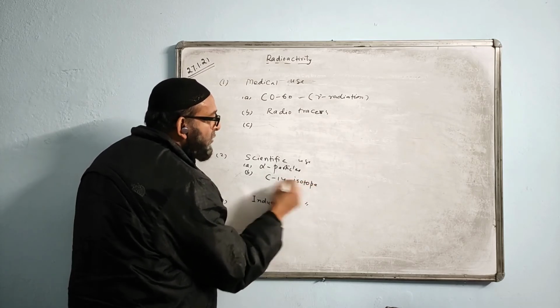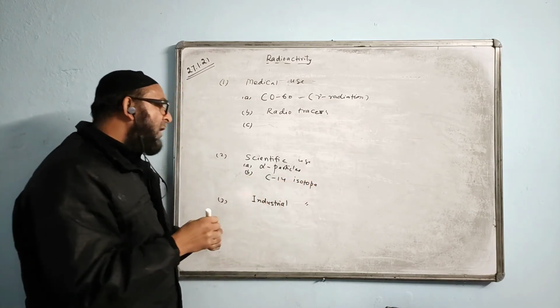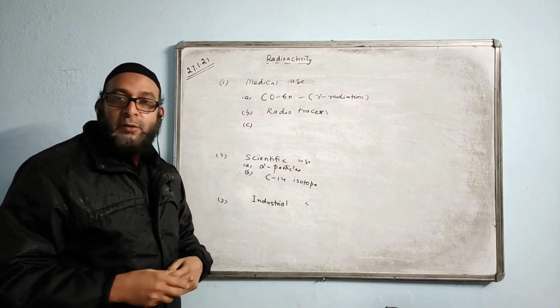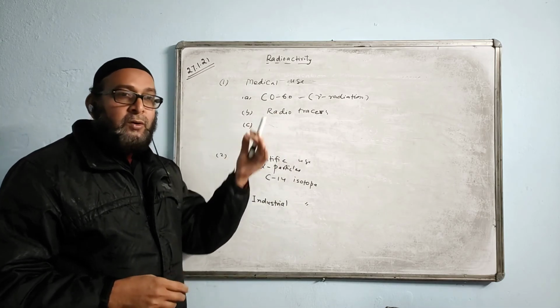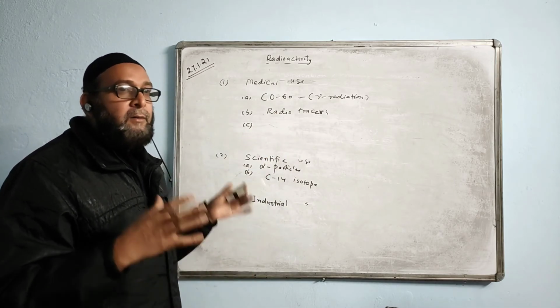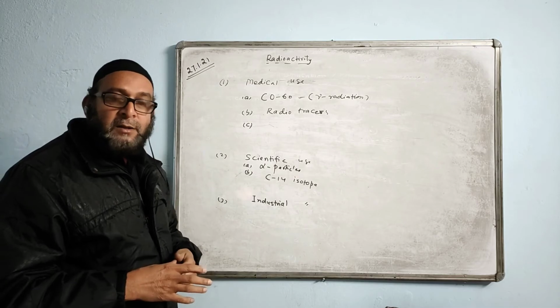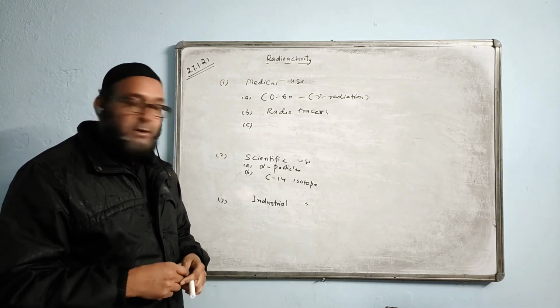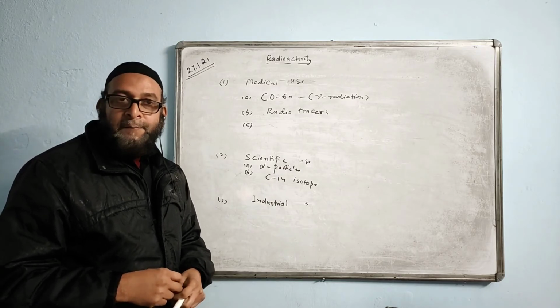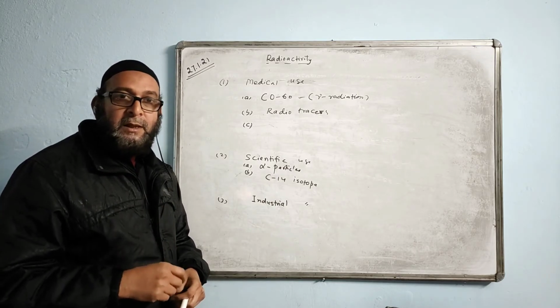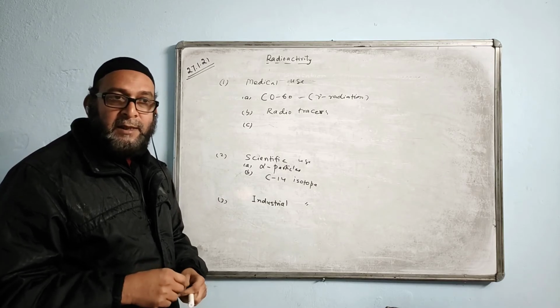This is a radioisotope. Beta radiations of the carbon 14 isotope are used to determine the age of old trees, old rocks, or articles of archaeological importance. So C14, this technique is called carbon dating, C-A-R-B-O-N, carbon dating, D-A-T-I-N-G.